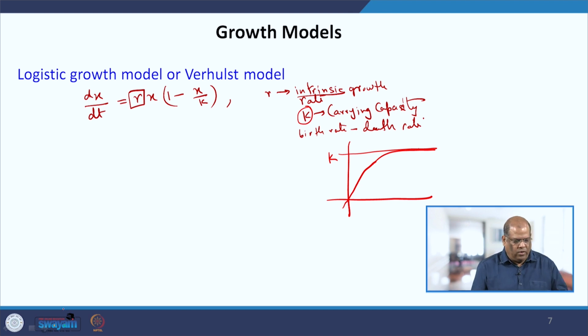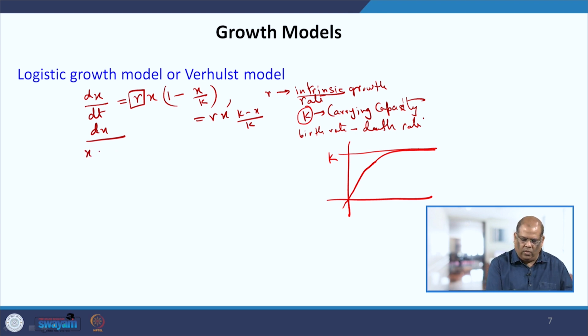Now, if we try to solve this, this can be easily solved. You separate the variables. This is r x (k minus x) by k, and this you can write as dx by x(x minus k) equal to minus r dt. You integrate.